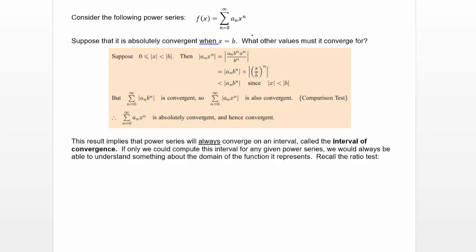If we know one value where this converges, say if I'm thinking of the number line, and I have some value of b that I know this converges at. I know that this converges absolutely when x is b, meaning I could put absolute value around this whole thing and it definitely converges. I know that this converges here.